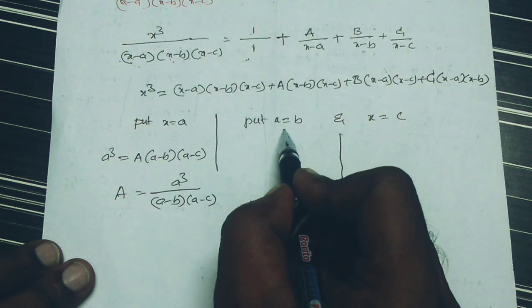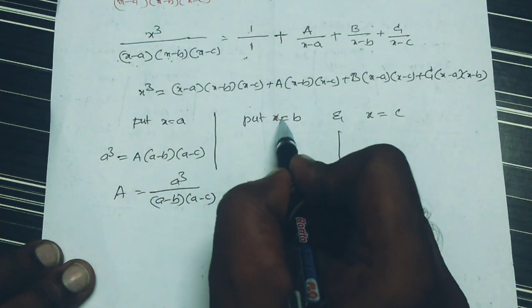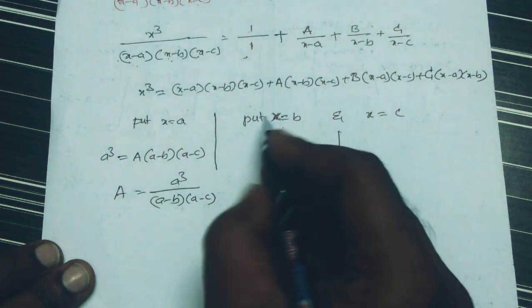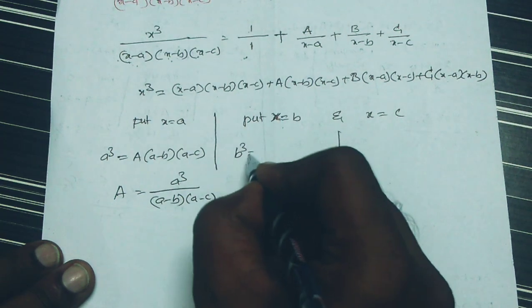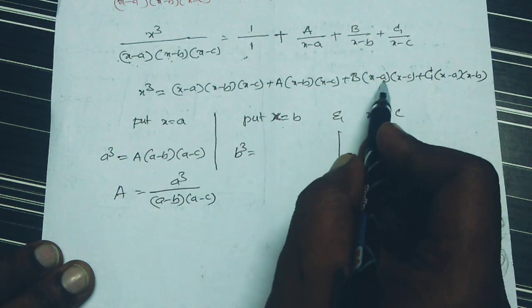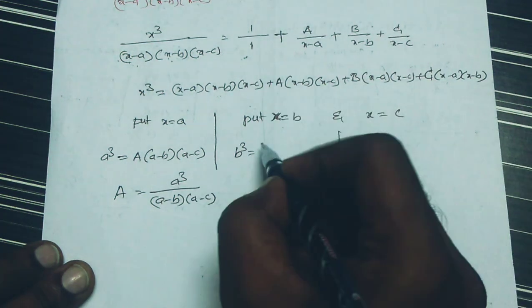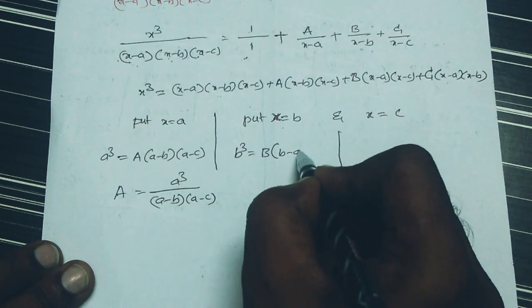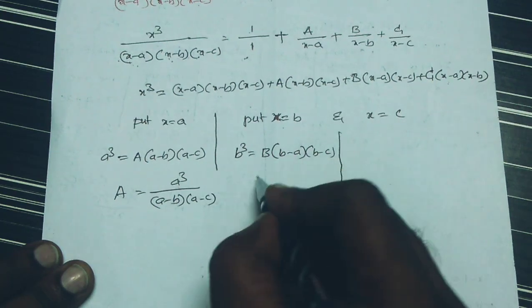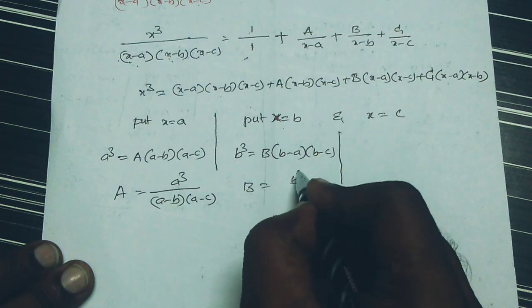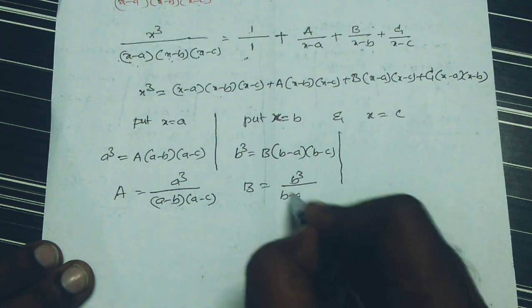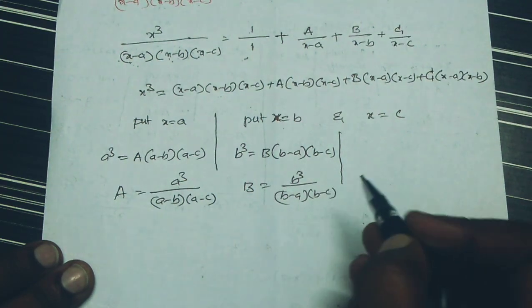When you put x = b, LHS is b cubed, this becomes 0 and A coefficient becomes 0, C coefficient becomes 0, that is B into (b - a)(b - c). So capital B is equal to b cubed by (b - a)(b - c).